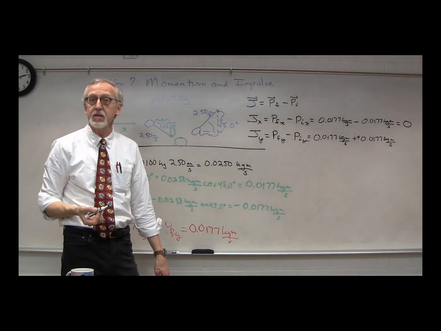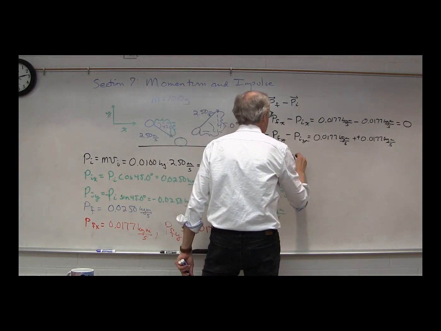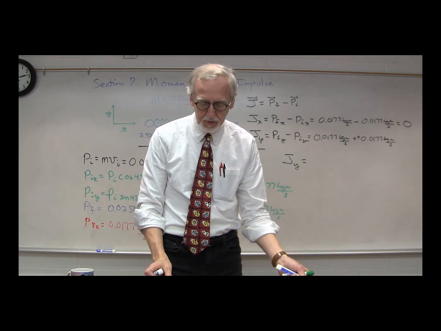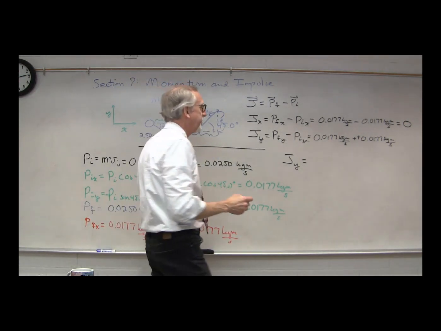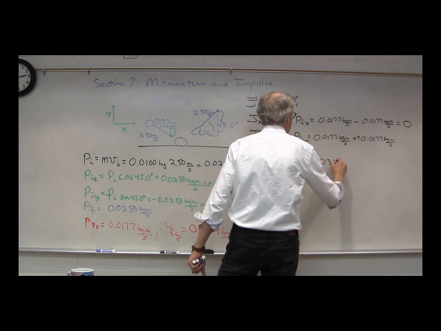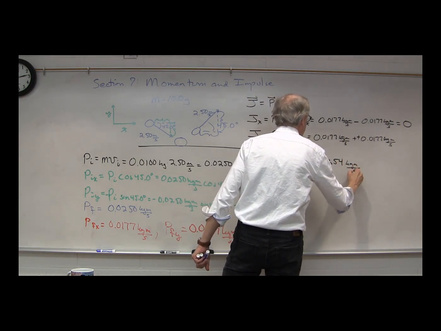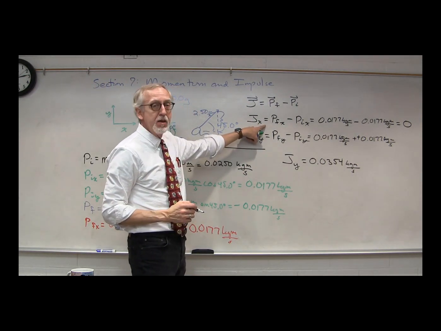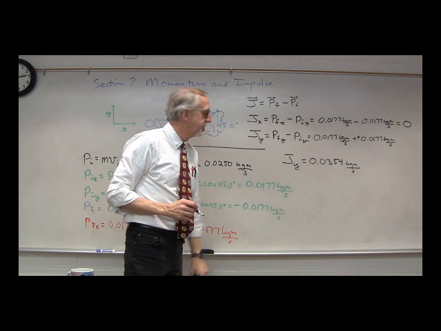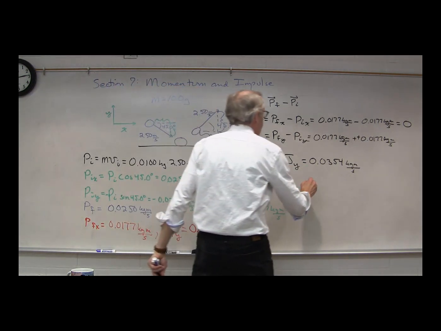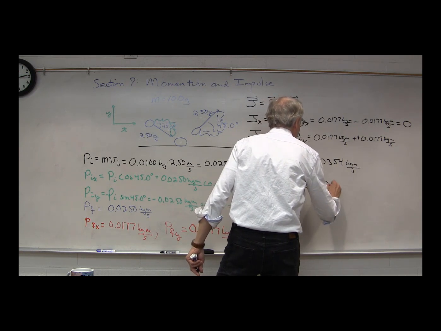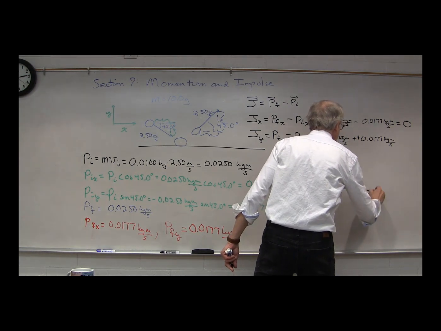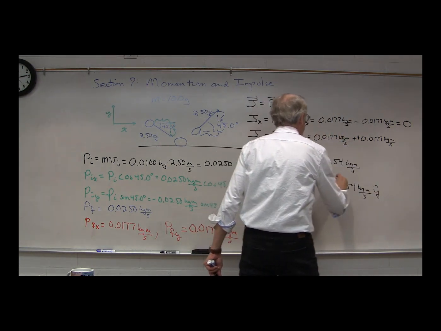Minus a negative is plus a positive, which leaves us with Jy equal to 0.0354 kilogram meters per second. There we go. The x component of the impulse is 0, the y component is that. So we can write the final vector impulse as 0.0354 kilogram meters per second in the y-hat direction.